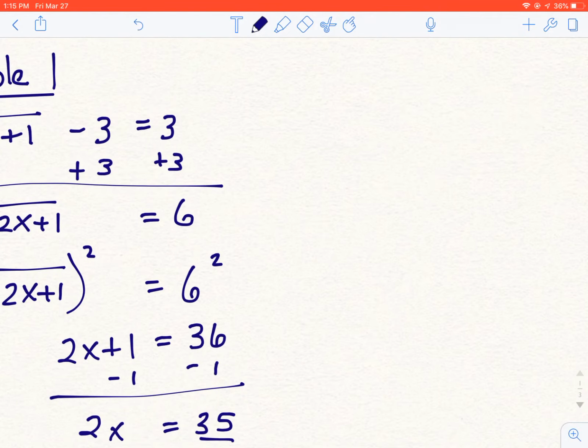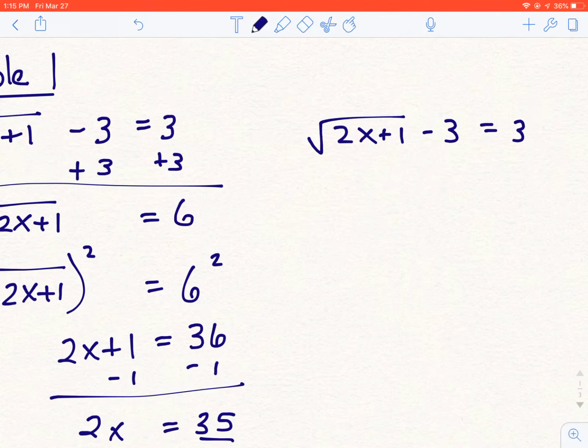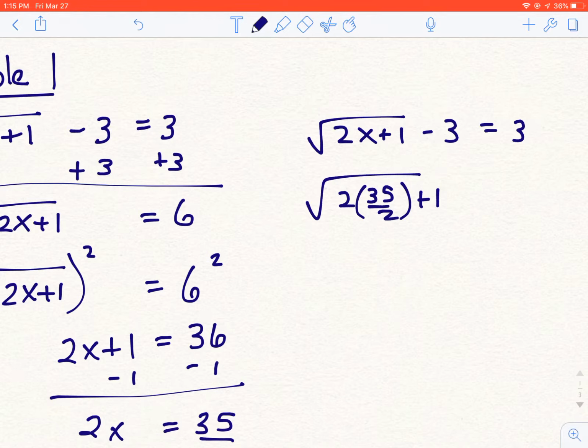The original was the square root of 2x plus 1 minus 3 is equal to 3. So now I'm going to put in 2 times 35 over 2 plus 1, minus 3. Does that really equal 3? Well, 35 over 2 times 2 is just 35. 35 plus 1 is 36.